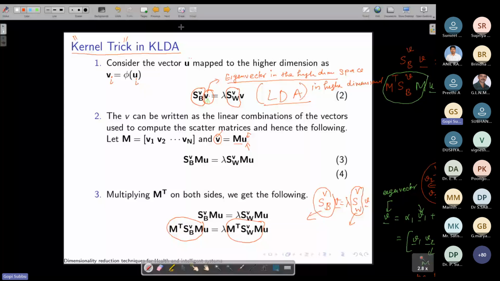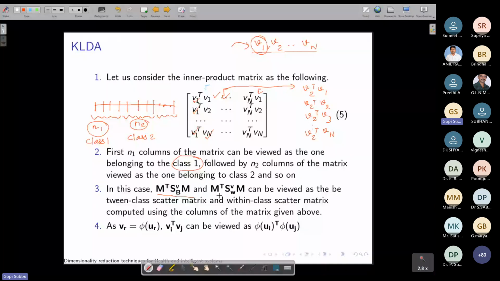They are the between class and within class scatter matrices computed using the columns of this matrix, meaning the vectors we now got: the first n1 columns, then n2 columns belonging to class 2, and so on.